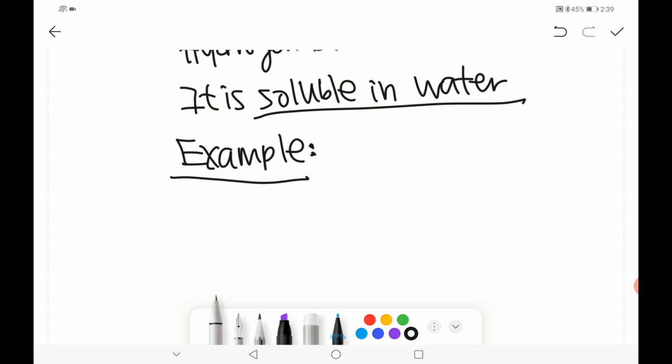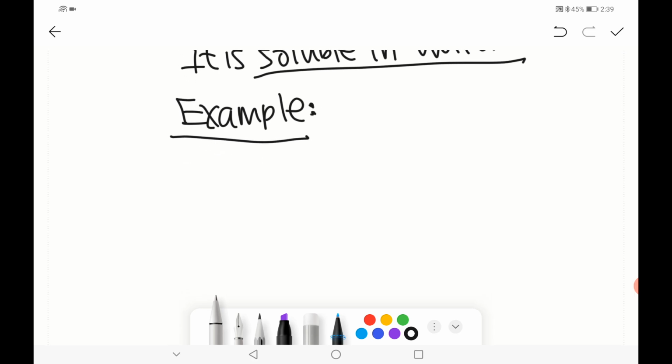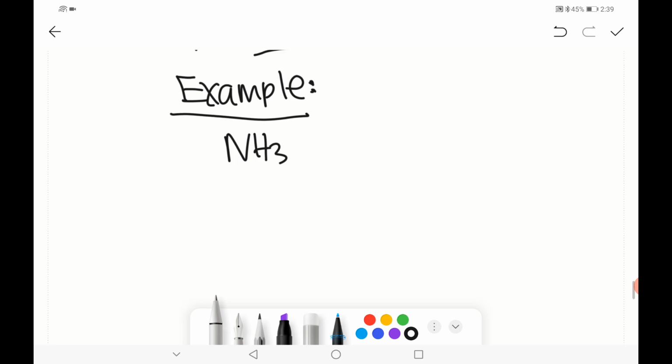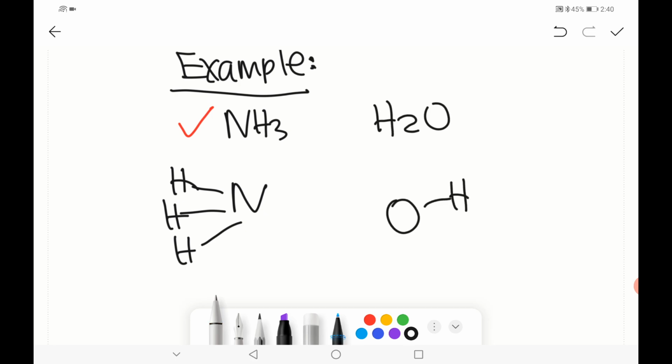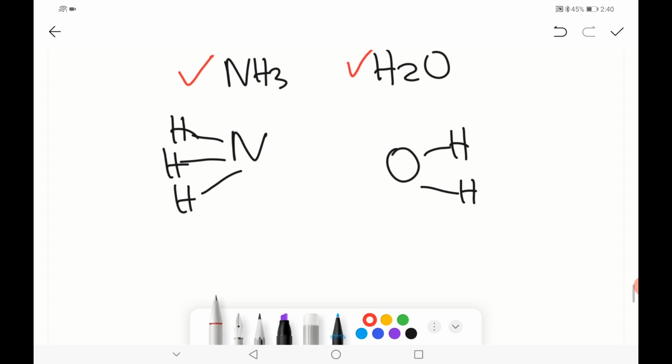The first example is ammonia. Ammonia has N bonded with H, so it is capable of hydrogen bond. Then we have water, which has O attached to H, so water also can form hydrogen bond.